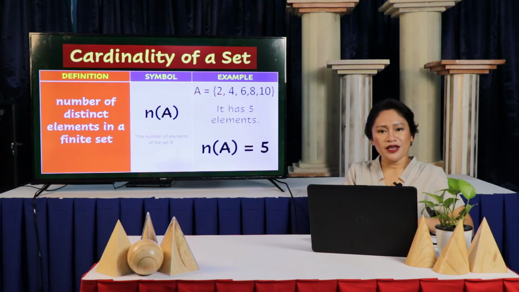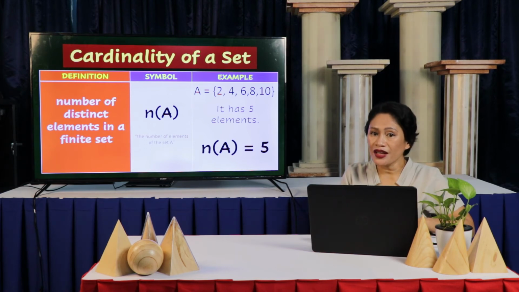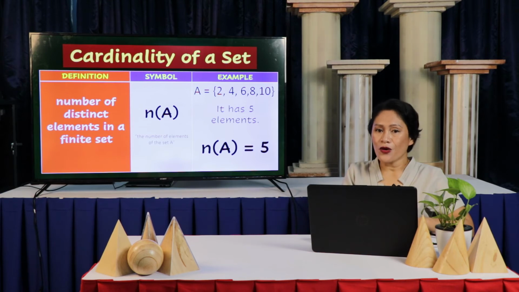Now let's proceed to cardinality of a set. What is it all about? By definition, cardinality of a set refers to the number of distinct elements in a finite set. In symbol, if we refer to set A, it is written as small letter n, open parenthesis, capital letter A, close parenthesis.